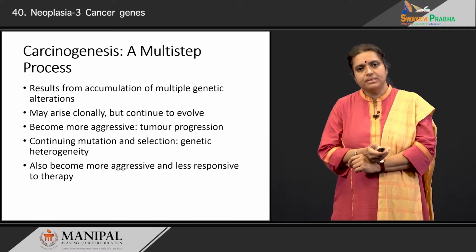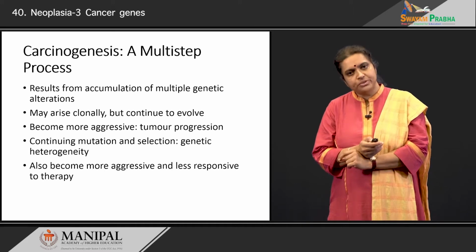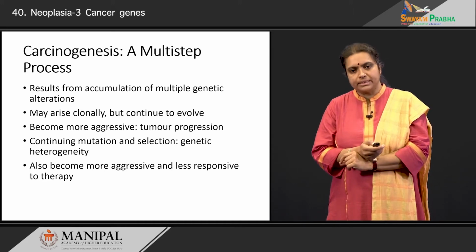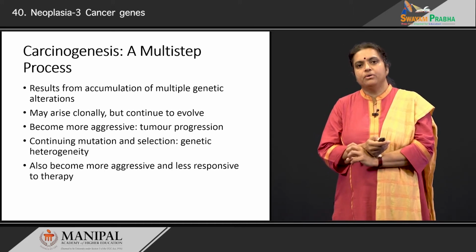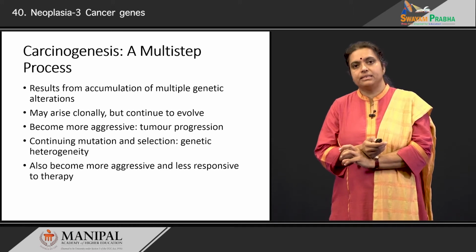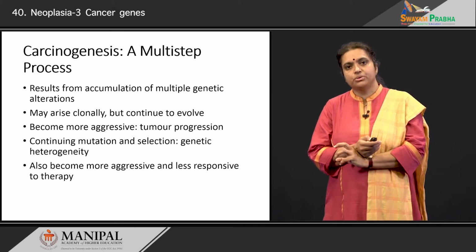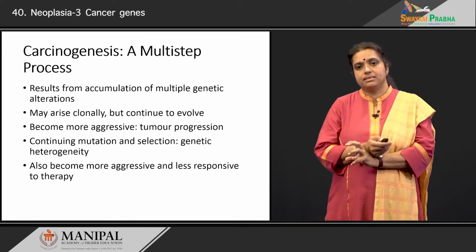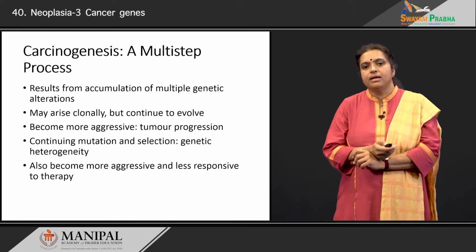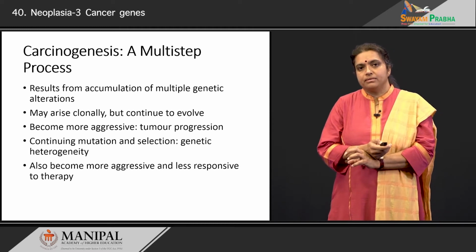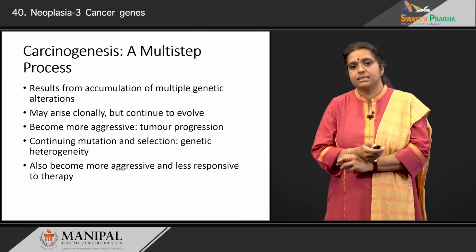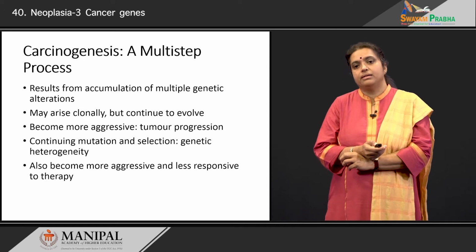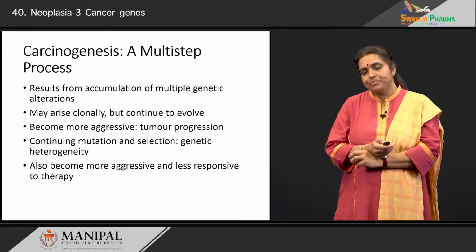Now, how does this happen? This happens because there are mutations that occur continuously over time, and only the fittest cells, those with an advantage to grow and proliferate, survive. We have already discussed this. There is a Darwinian selection there, and that is how the tumor progresses and becomes more aggressive and less responsive to therapy.